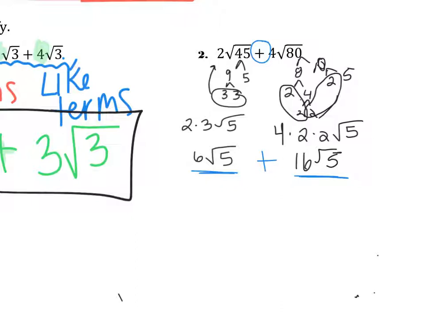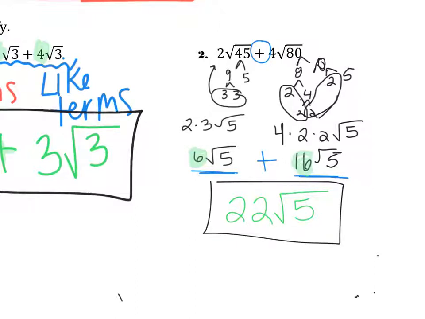So using the idea in the first example, I am going to look at the coefficients out in front. So the first one has a 6 and the second one has a 16. And that's what I want to add here. So I'm going to add 6 plus 16 to get 22. And don't forget, 22 what? We have to still include the square root 5 for our final answer.